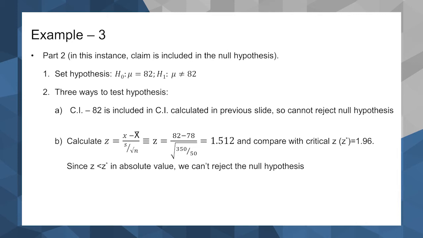Here, we divide by the standard error, because the sample size makes a difference. And therefore, instead of just dividing by s, we divide by s over the square root of n, or square root of 350 over 150. And that gives us a z-score of 1.512.